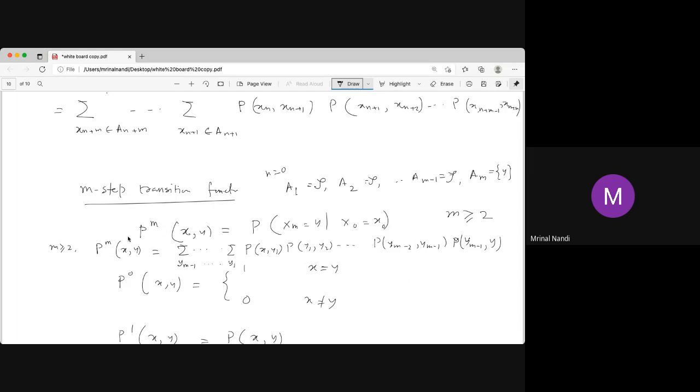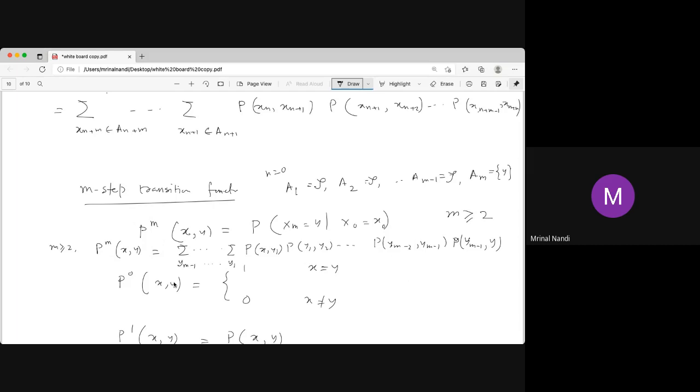P_m is a whole function. We can use any other notation, we can give some brackets, or take m as a subscript. It's not a function to the power m or a matrix to the power m.